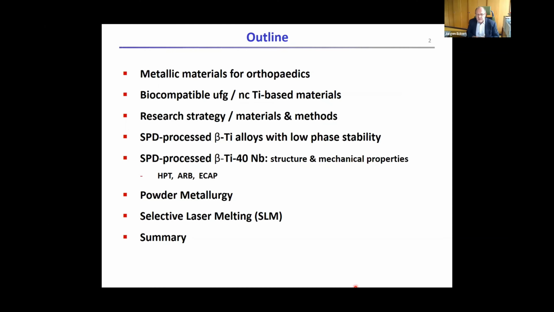This goes all the way from classical, if you want to say so, metallurgy, for creating optimized alloy compositions, and then also including different processing routes like heavy mechanical deformation. At the end of the talk, I want to give a brief outlook as far as it comes, for instance, to 3D printing technologies.